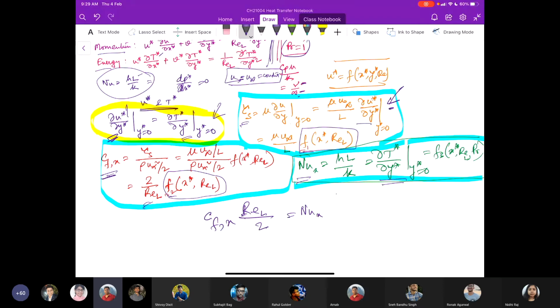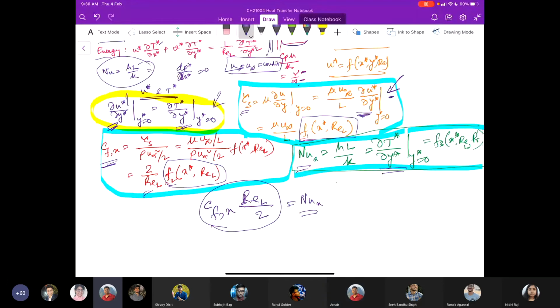So this gradient is essentially this value. And the right hand side, del T star by del Y, is essentially the Nusselt number. This is strictly valid for Prandtl number 1.